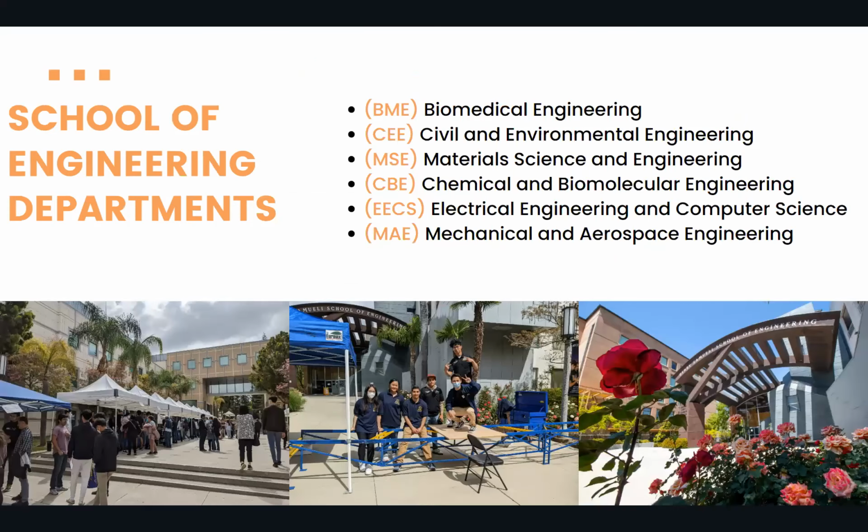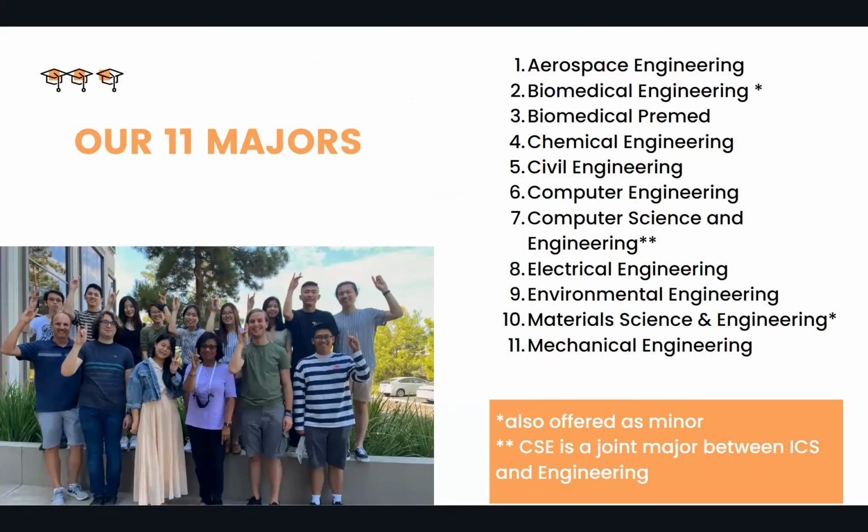And these are the various departments that house our 11 majors. I have 6 departments that house these majors. Out of the 11 majors, we have 2, biomedical engineering and material science engineering, that are also available as minors.